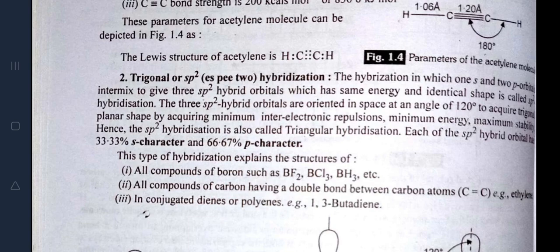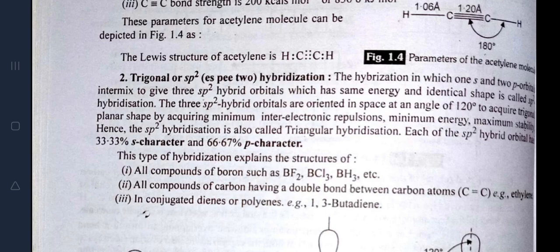The three sp2 hybrid orbitals are oriented in space at an angle of 120 degrees to acquire a trigonal planar shape, with minimum interelectronic repulsion, minimum energy and maximum stability. Hence sp2 hybridization is also called triangular hybridization.